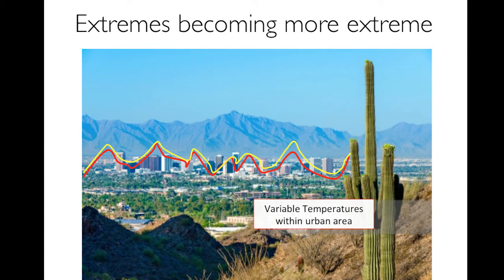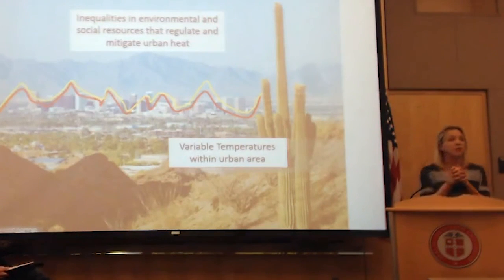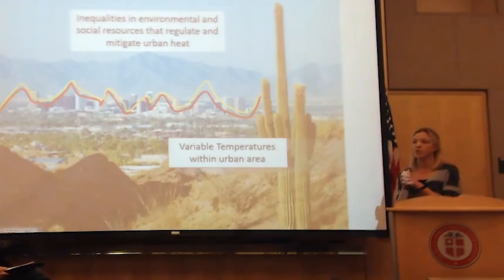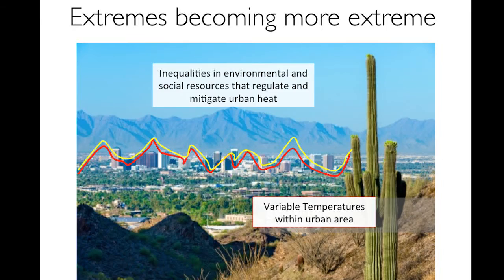And on top of that, there's inequalities in the social resources that we use to mitigate heat or the people that receive those resources. So for example, air conditioning and socioeconomics influence who's going to suffer from extreme heat, which is actually the leading cause of death due to weather in this country.